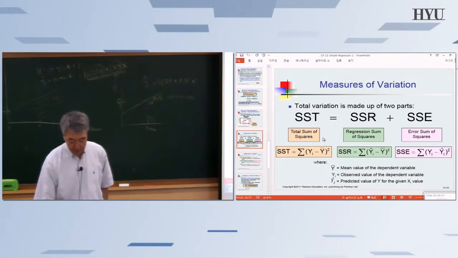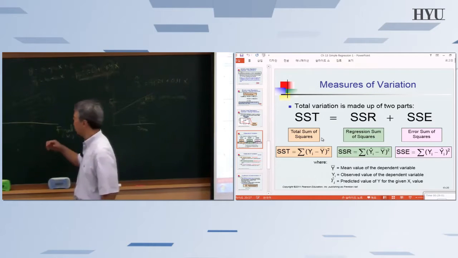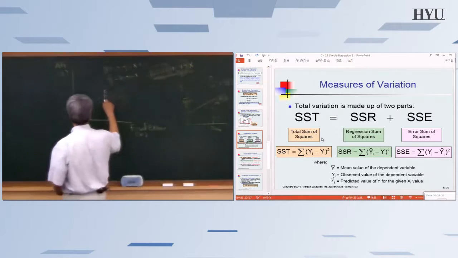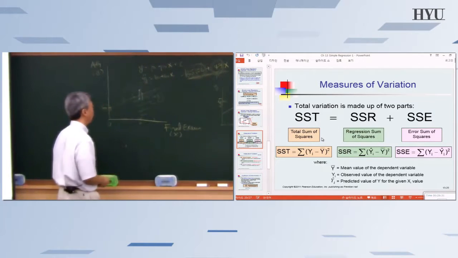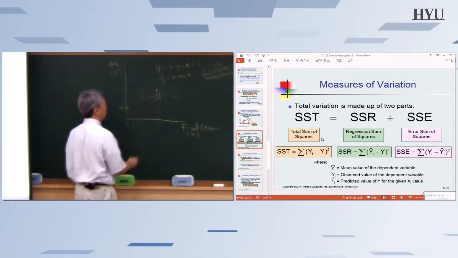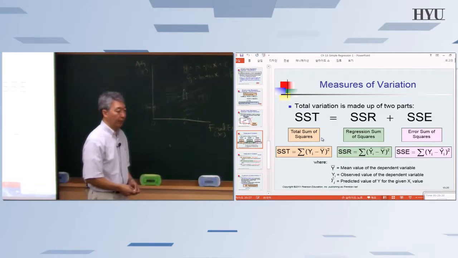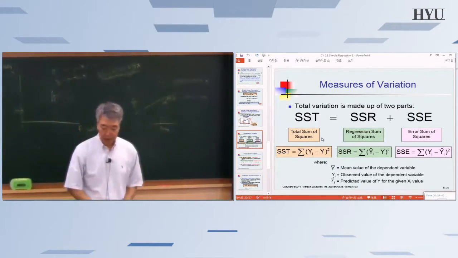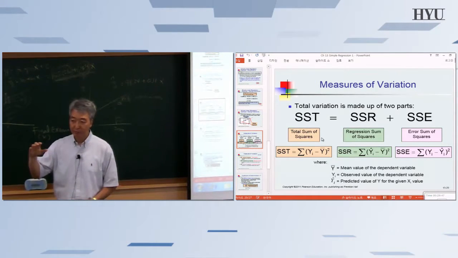Okay, so this is a very obvious relationship. Out of the total variation, out of all the variations in these y values, some are explained by the regression line, some are not. The question is, how much of the total variation in the dependent variable is actually explained by the regression line?